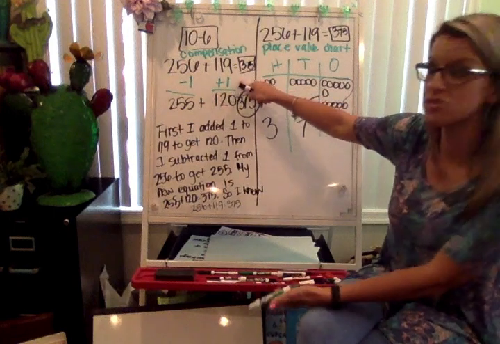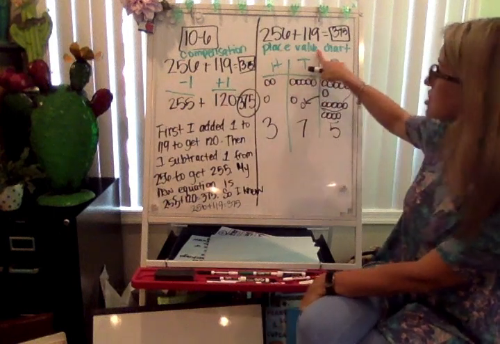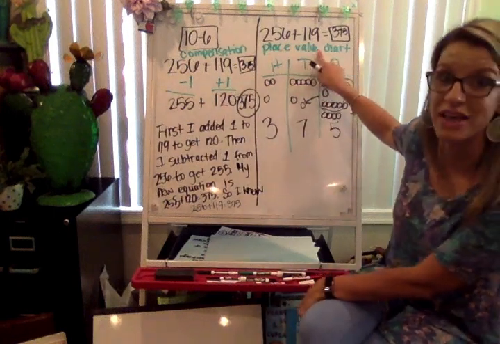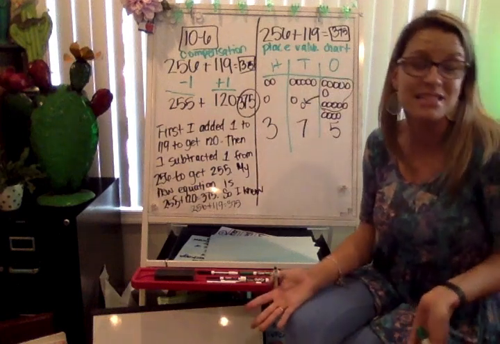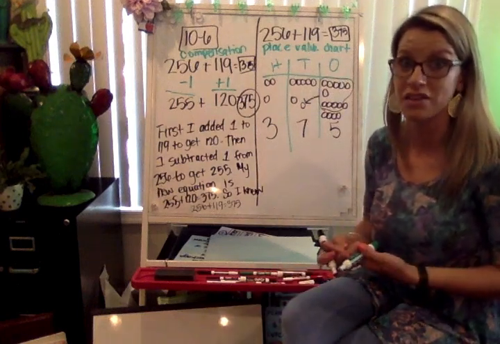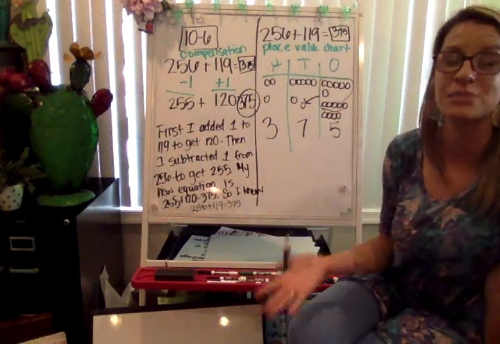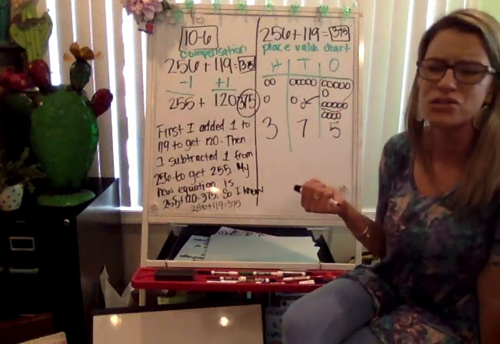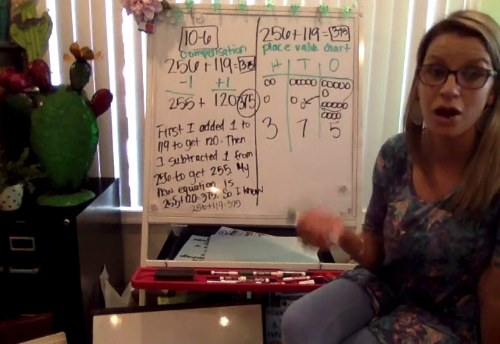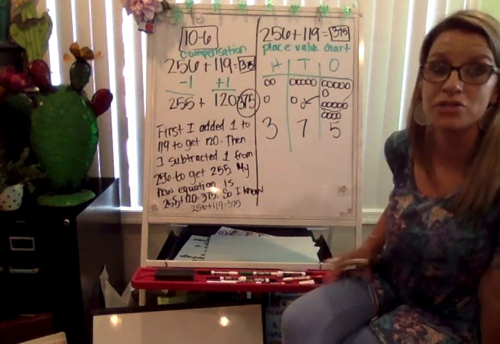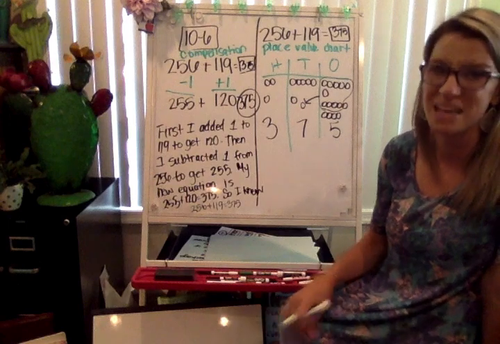This person chose to use compensation. This person chose to use the place value chart. For today's lessons, you're going to be able to solve using any way that you choose. The part that you have to be able to do is explain. And you're not going to choose the same strategy for every single problem. I want you to be able to explain using lots of different types of strategies.